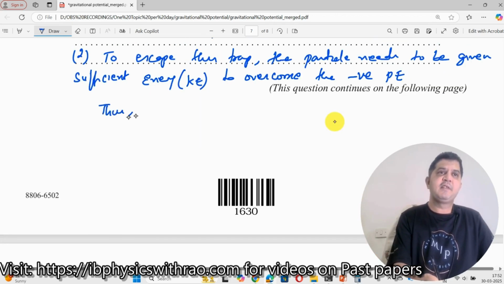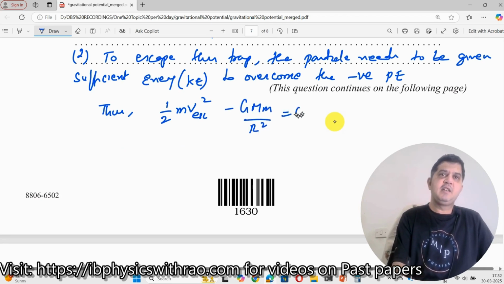Thus, half m v escape square minus GMm divided by r should be equal to 0. In other words, v escape is equal to square root of 2GM by r.